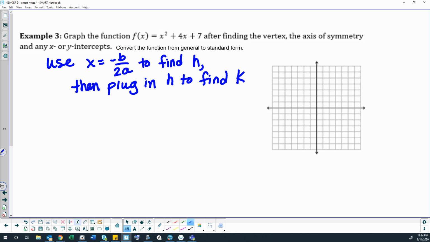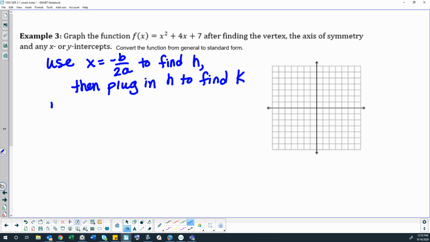Remember, the vertex is a point on the graph, x, y, we just call it (h, k), that tells us where that vertex has moved left to right and then up or down. Once we find h, if we plug it into the original problem and get the y value, that is k. So instead of completing the square, we're going to do this.